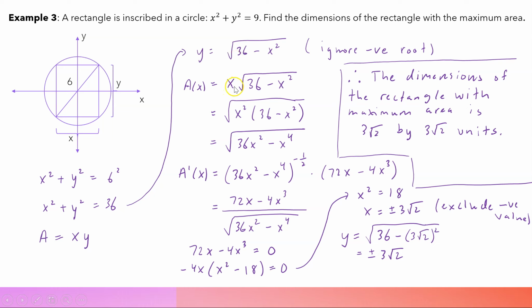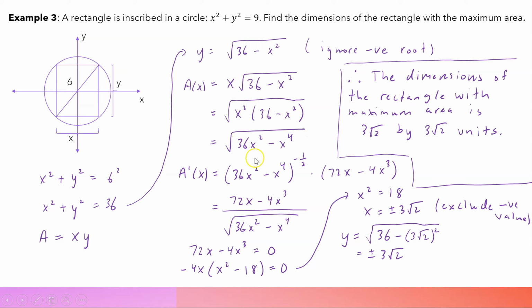Now, to make it easier to differentiate, I take the x inside the square root. In order to do that, I square the x when I'm taking it into the root, because the opposite operation would be if I took the square root of x squared, I would just end up getting x. Then I multiply it in and distribute, and I end up getting 36x squared minus x to the power of 4 inside the square root.